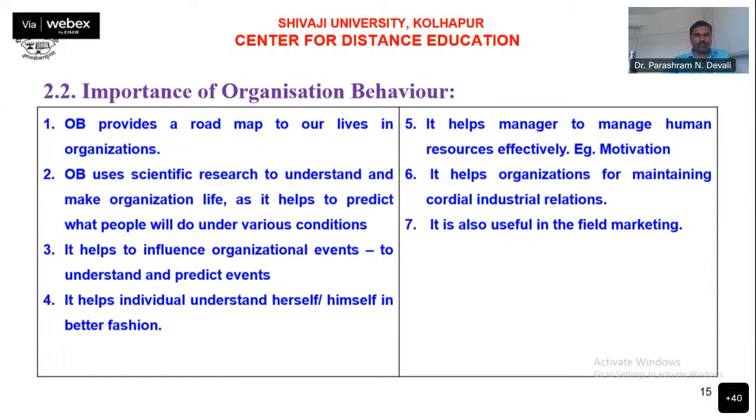Without event, there is no business. And we want to predict the event, what types of opportunity are in front of us, what are the prospects in front of us. And when we identify such future prospects, it can be possible when we understand organization behavior.